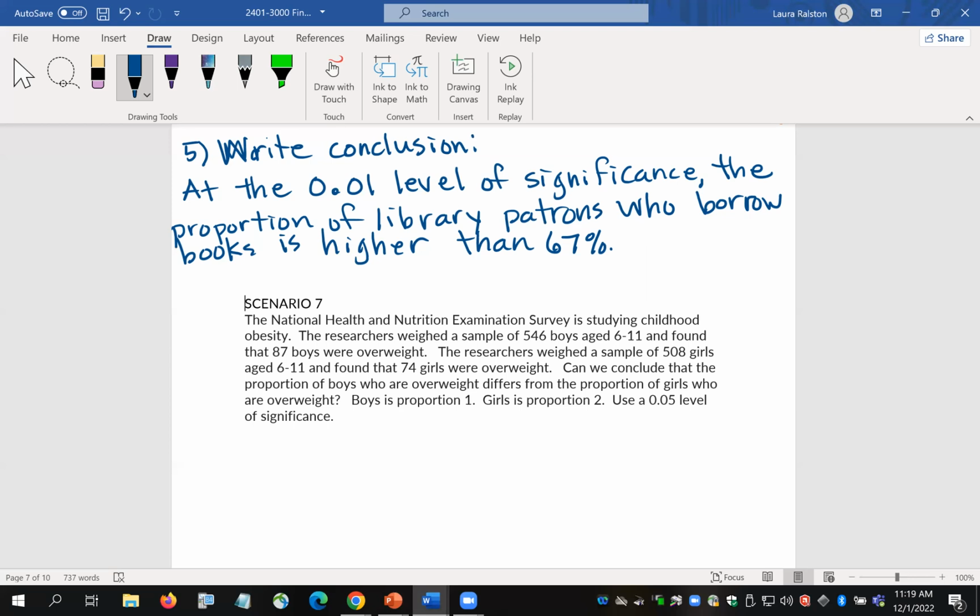Can we conclude the proportion of boys who are overweight differs from the proportion of girls who are overweight? Boys is proportion 1, girls is proportion 2.